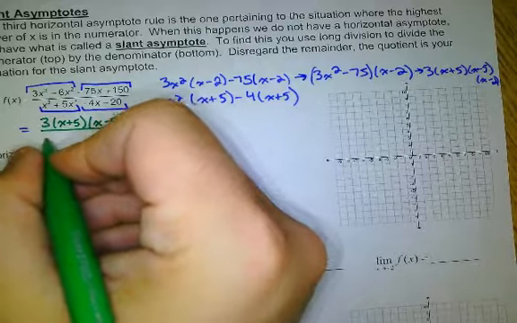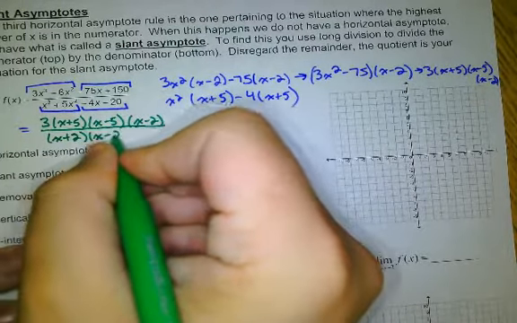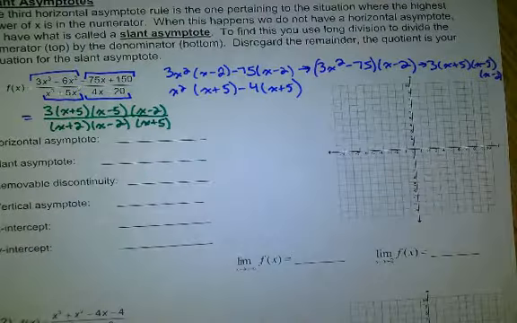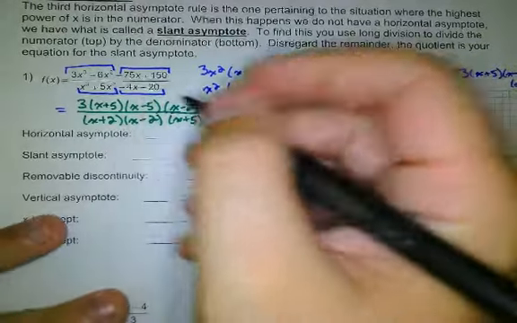And the bottom becomes (x plus 2)(x minus 2)(x plus 5). Okay, what cancels out? Oh no, I have multiple holes? That's a shame.